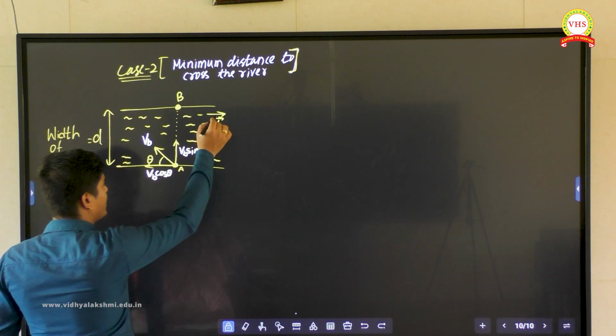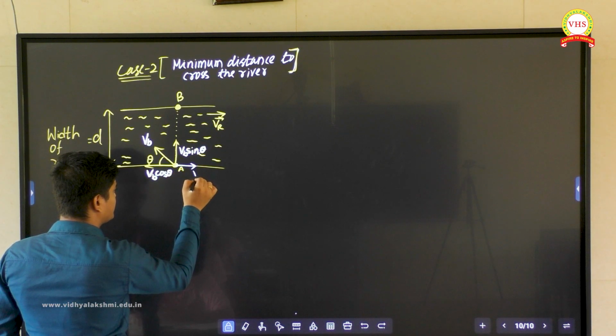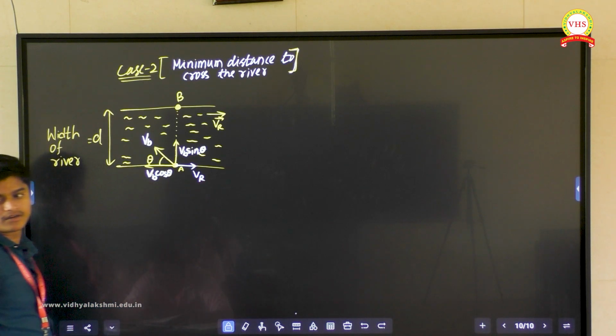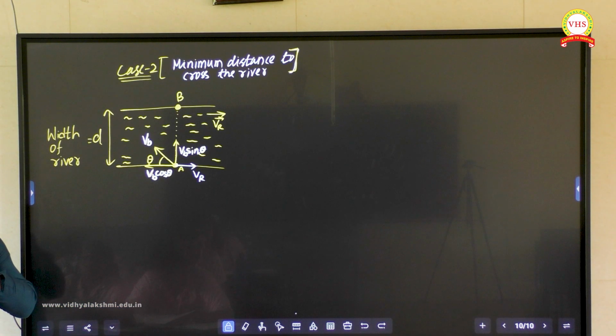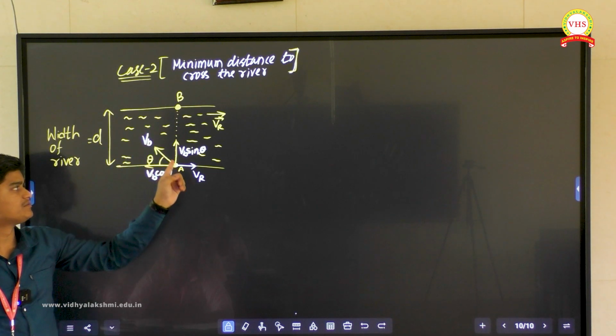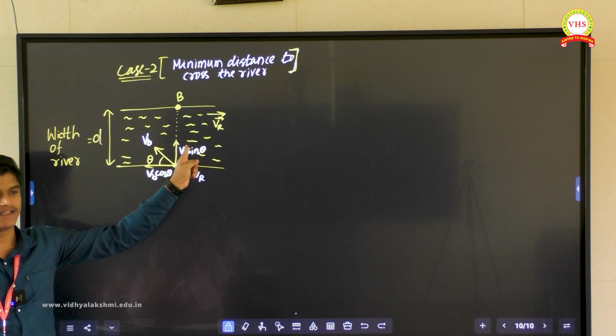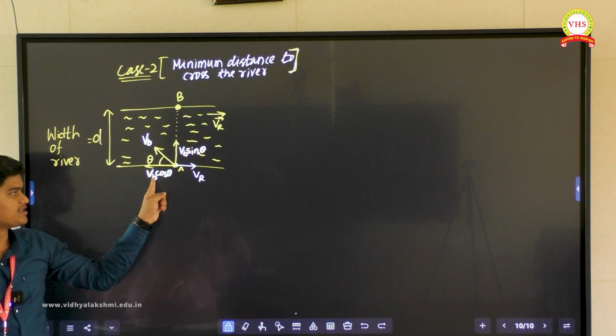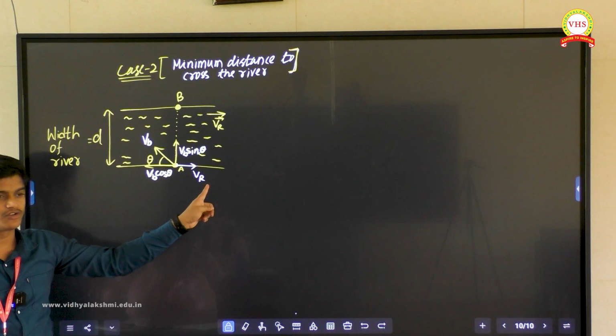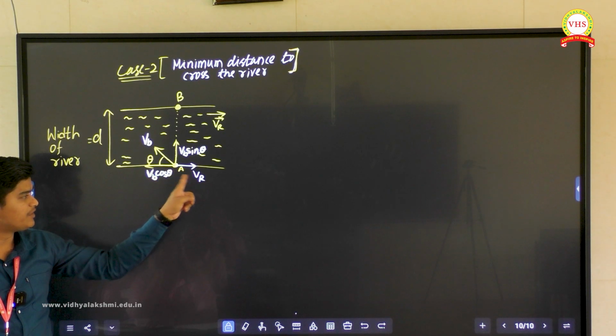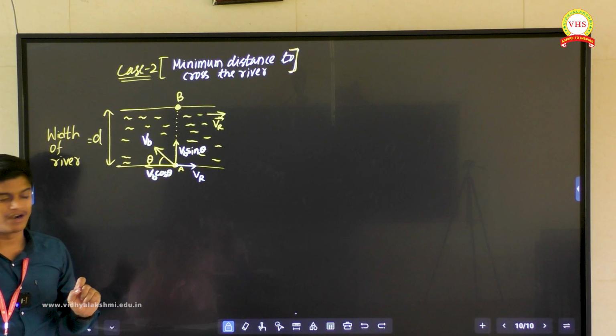Now at this point A, what is the river velocity? This is your VR, river velocity VR. All of you listen. Now I want to reach point B. I have velocity in the vertical direction VB sin theta, and in the horizontal direction VB cos theta. This direction also has VR. If this VR and VB cos theta are both equal, then what will happen?